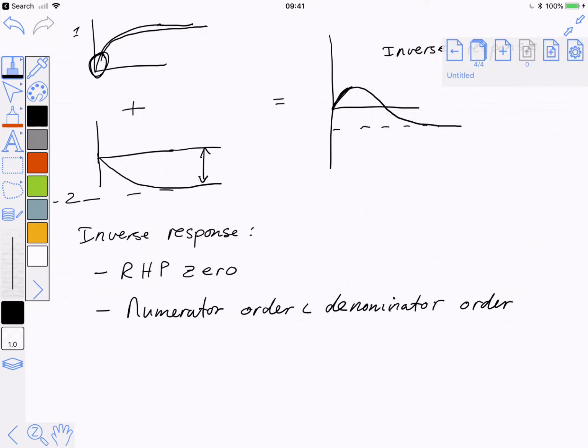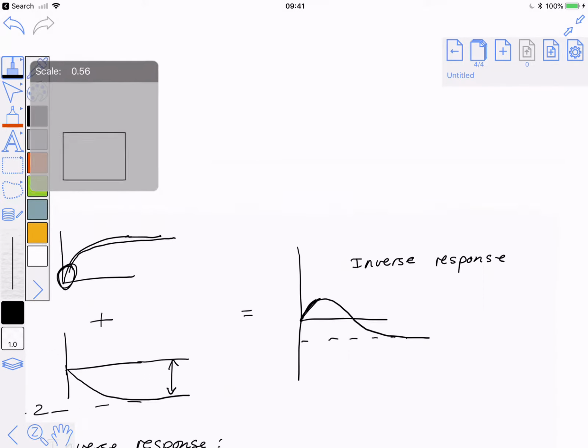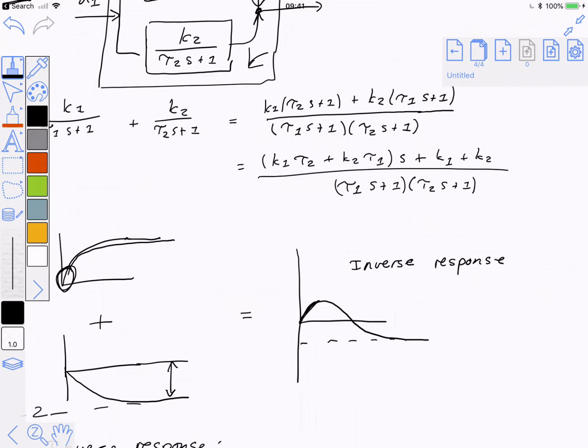So if I have a zero in the right-hand plane and I have a normal system, in other words, two first orders added together give me a first order over second order polynomial, and because that first order is less than the second order, and because I can locate that zero in the right-hand plane, I will observe that the step response of the system will exhibit inverse response. In other words, it will go up before going down or down before going up.